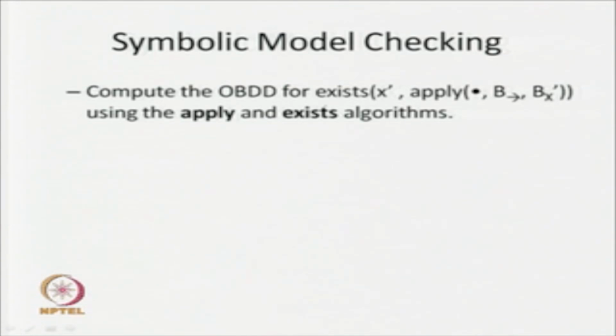Compute OBDDs for exists x prime, I should say, apply dot B arrow, Bx prime, using the apply and exist algorithm. Now, in this particular case, what happens? You just see that.